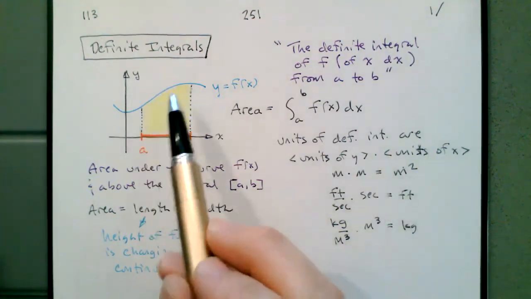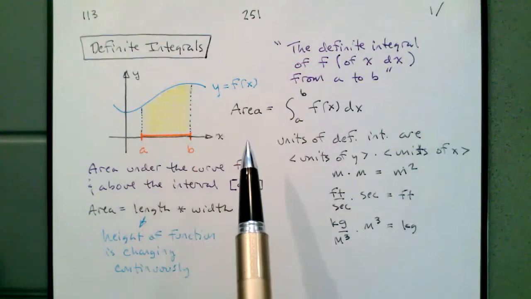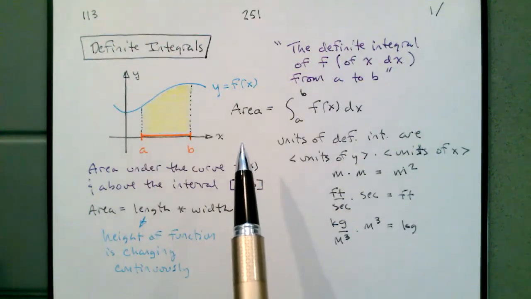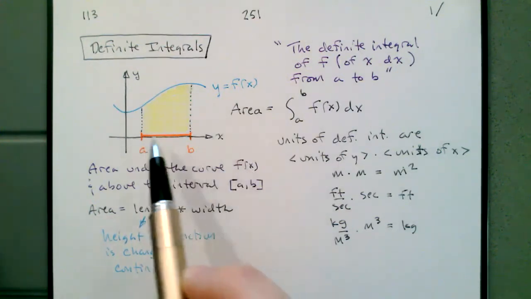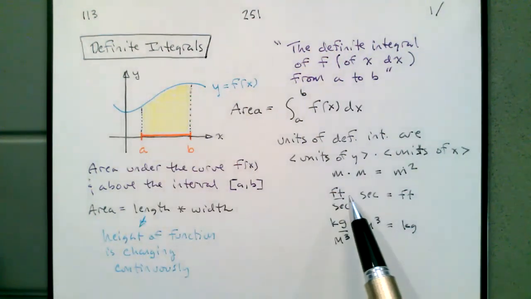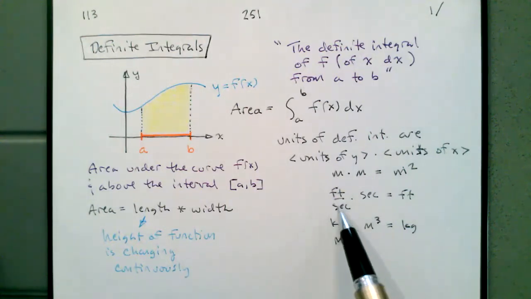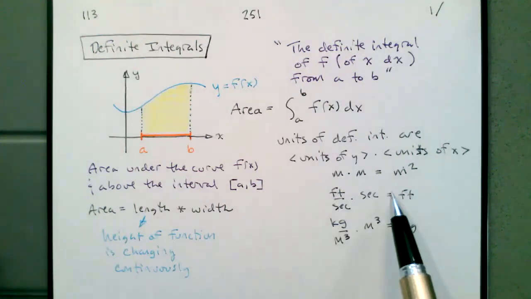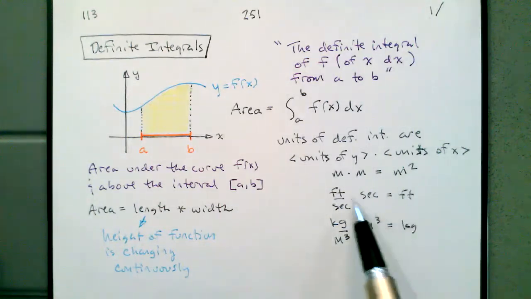If our function f of x, or the y, is measuring a rate in feet per second, and x represents time in seconds, then the units of the definite integral will be feet per second times seconds. The seconds cancel out, and the units of definite integral are feet. So the definite integral will be measuring some distance, because distance is equal to rate times time.